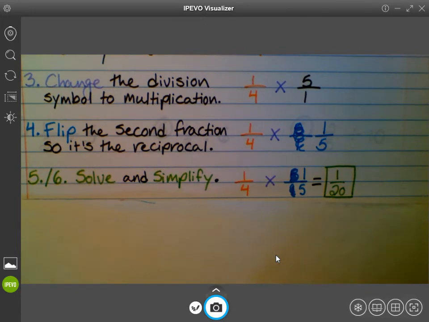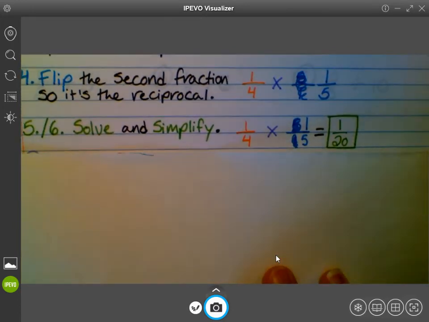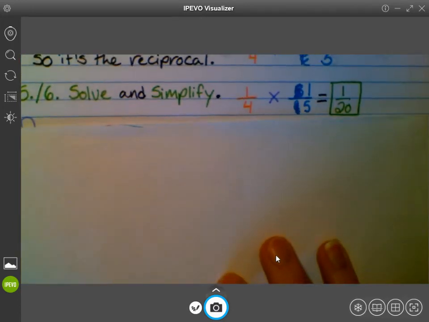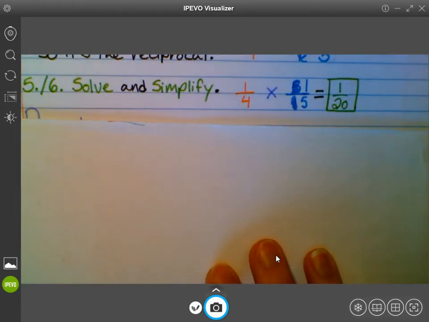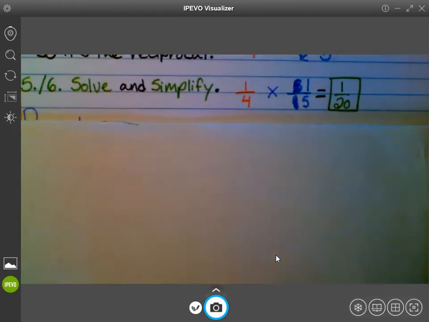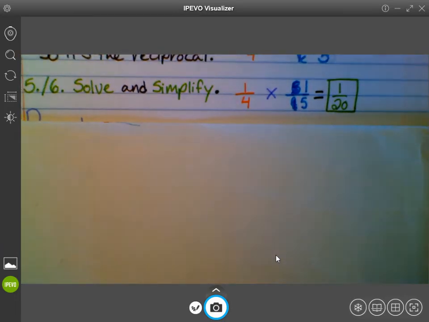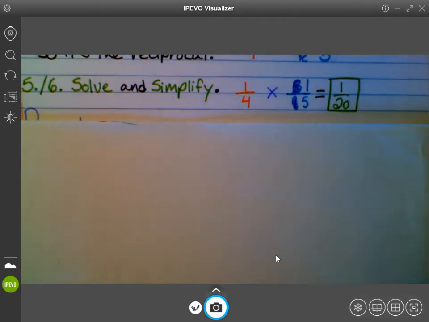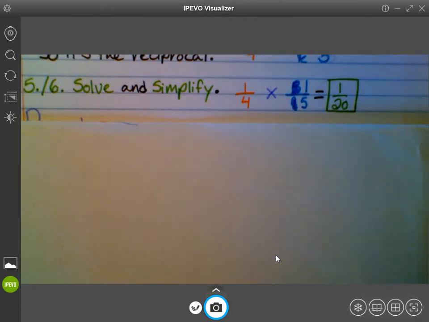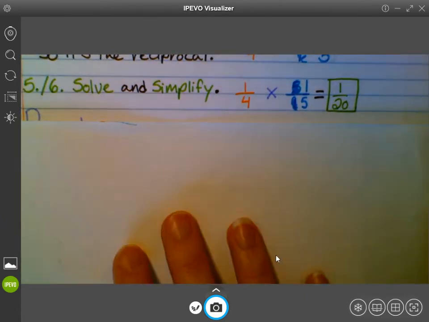I'm going to move this up so hopefully it's a little brighter and clearer. A little bit better up there. So after this, you can label your practice section underneath. Give me a thumbs up when you've written step 5 and 6 and you've labeled your practice section.